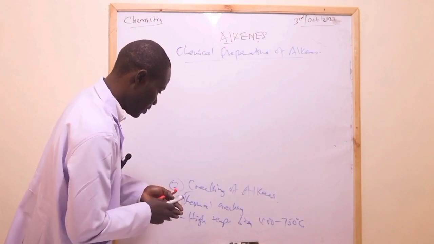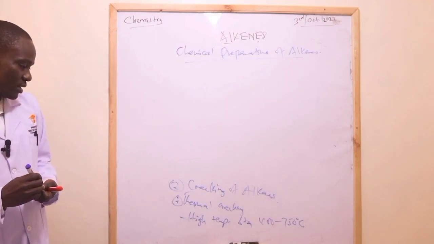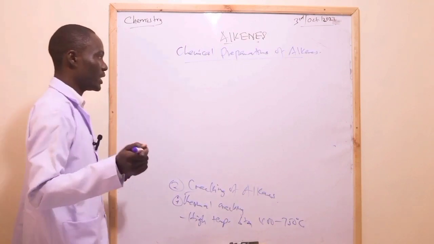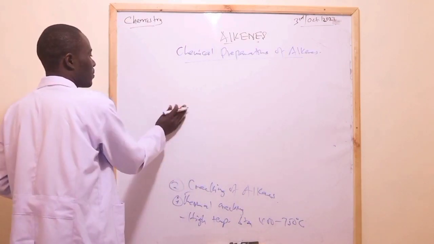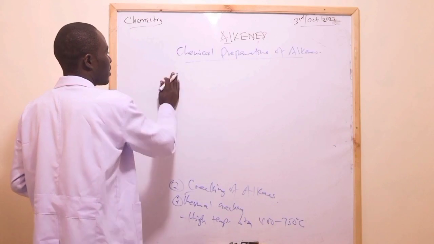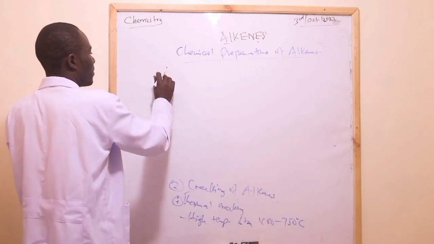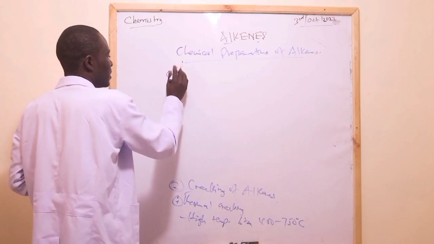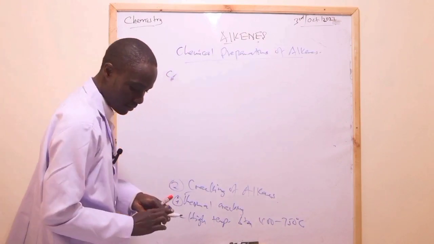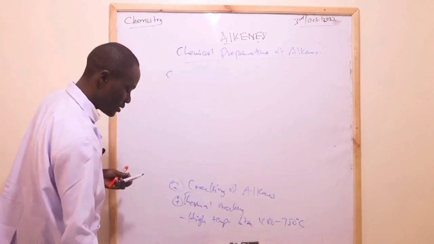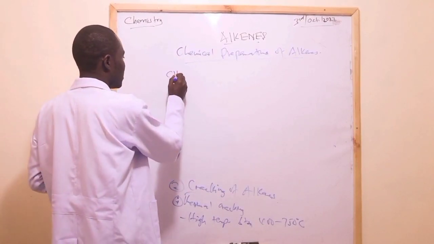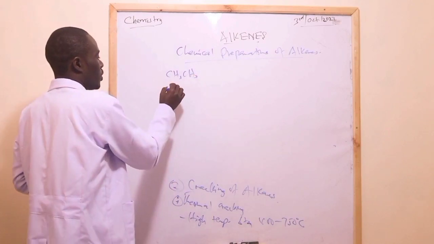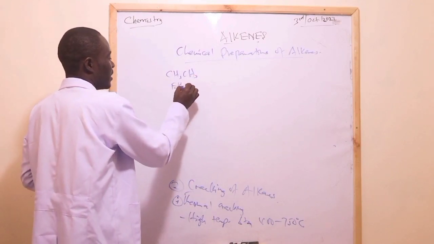So, for instance, if you have maybe propane, or let's take a case of ethane, CH3CH3. This is ethane gas.